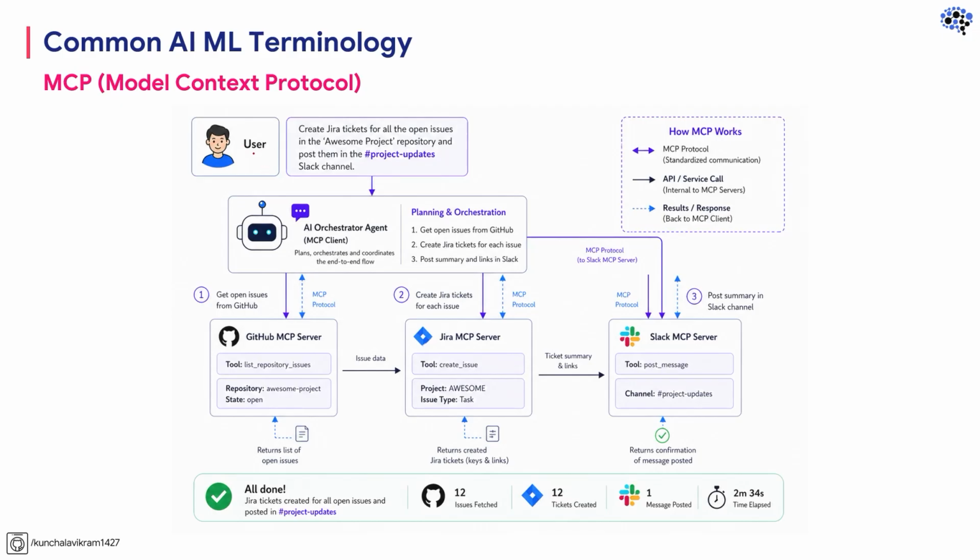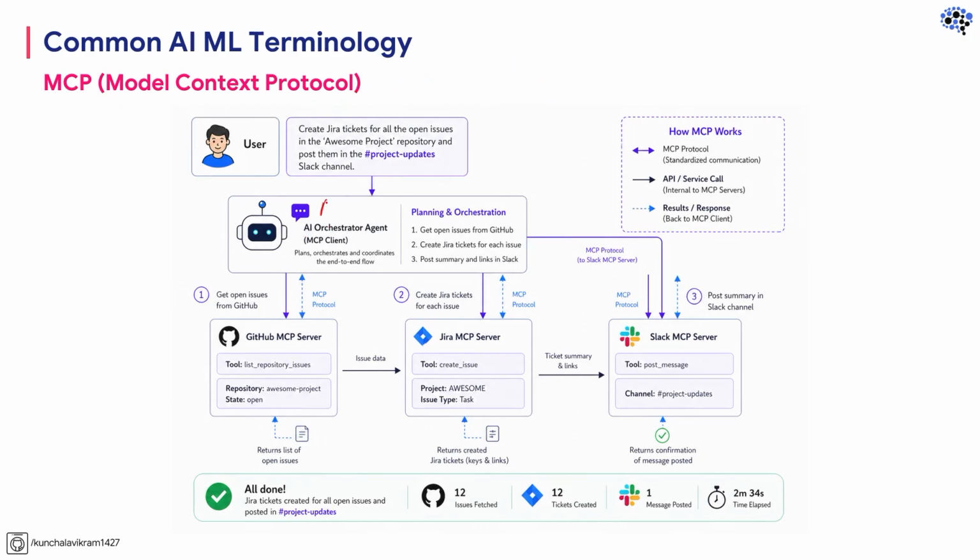So let's say, as a user, I want to create some Jira tickets. So my query is: create Jira tickets. Of course, I'm talking to my AI agent. My AI agent is nothing but the one that talks to the LLM.